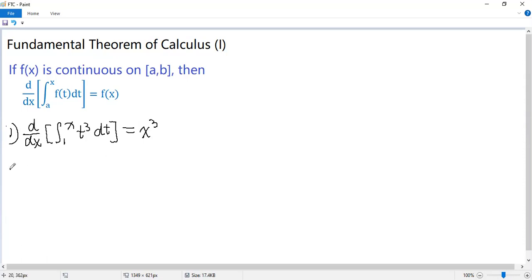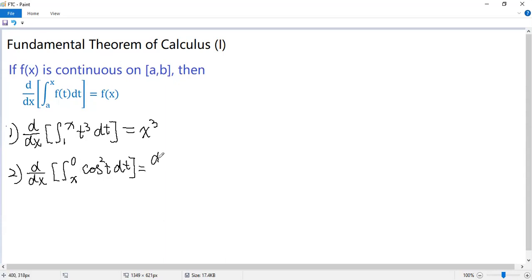Now let's see the next one. If we want to find the derivative of the integral from x to 0 of cosine t squared dt. For this one, we cannot directly apply the formula because the lower limit is the variable x. But we can swap the upper limit and the lower limit.